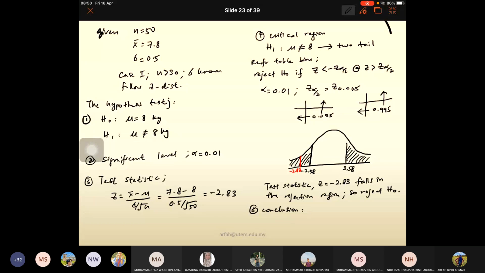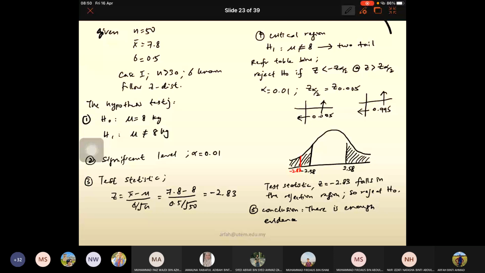There is enough evidence to reject the null hypothesis that mu equal to 8 kg.